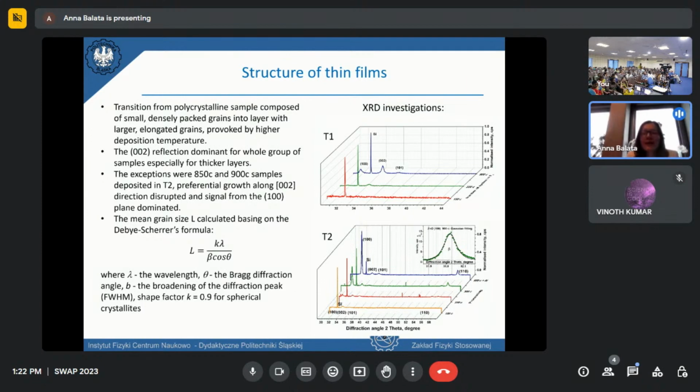And we can say that there was some kind of transition from thin layers composed of small, densely packed grains into layers with larger, elongated grains. Applying the Debye-Scherrer formula, we were able to calculate the mean grain size.